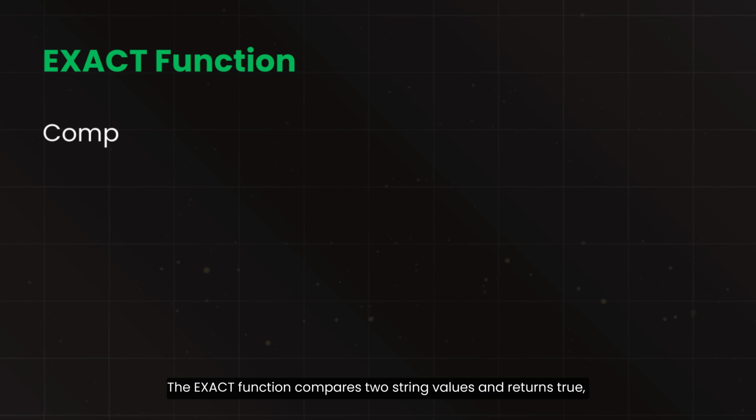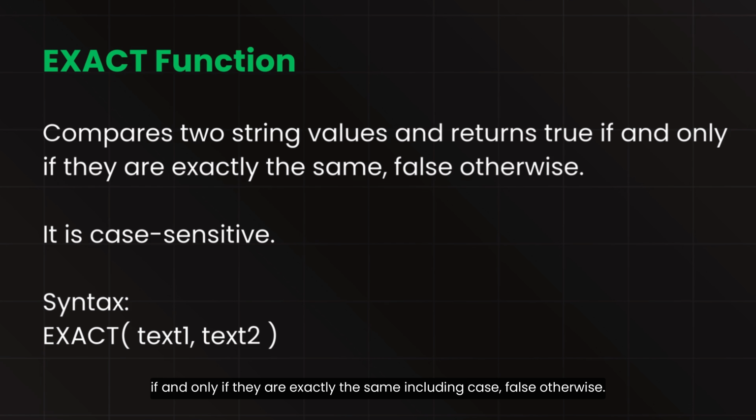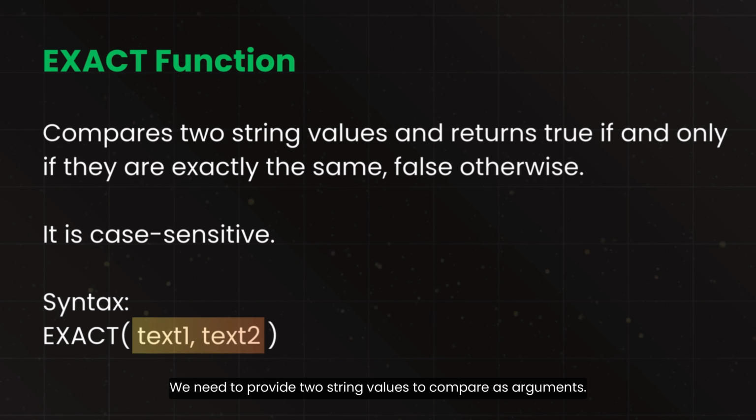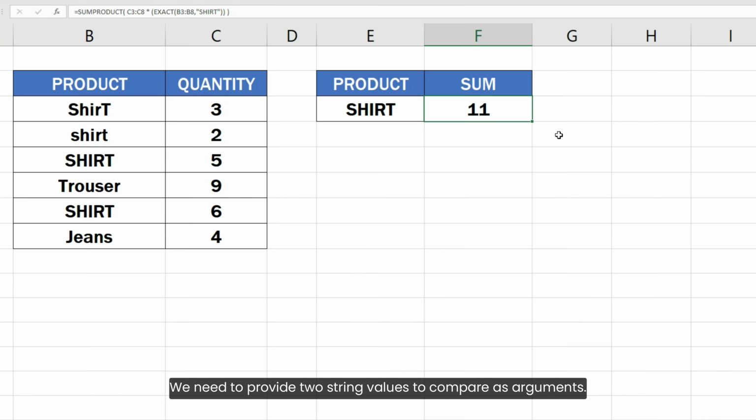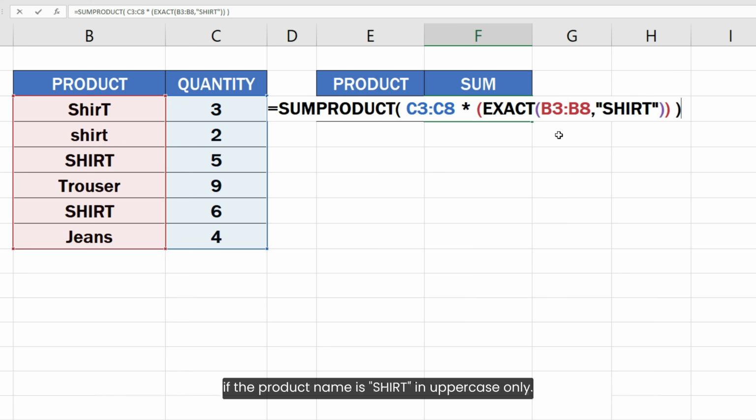The EXACT function compares two string values and returns true if and only if they are exactly the same, including case, false otherwise. We need to provide two string values to compare as arguments. Here is the formula using the SUMPRODUCT and EXACT functions to sum the quantities if the product name is SHIRT in uppercase only.